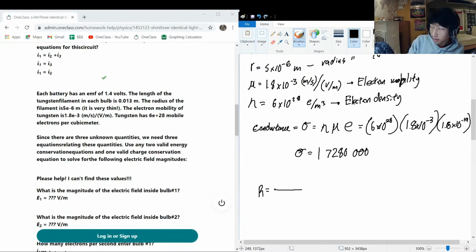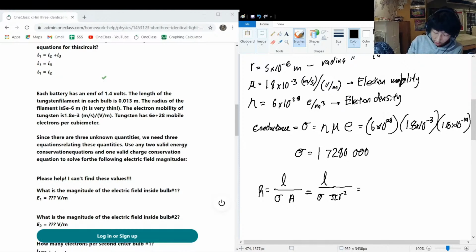So we're going to have the length over the conductance times A. A is the cross-sectional area of the filament. We're going to assume that it's circular, so we substitute: L over conductance times pi r squared.